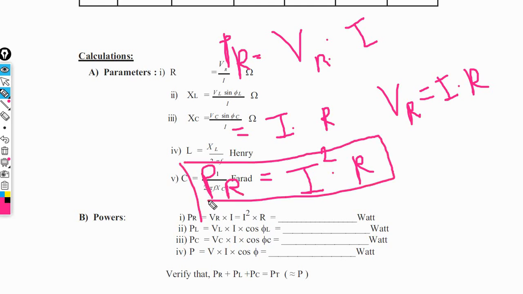PR is equal to I square into R, and this power is measured in watt. Okay, this is for PR.